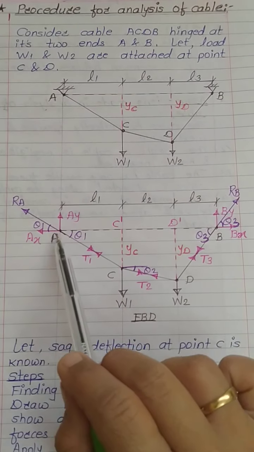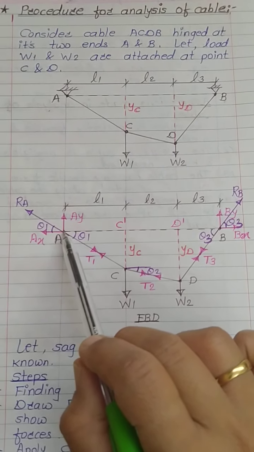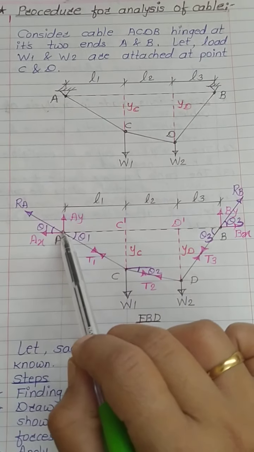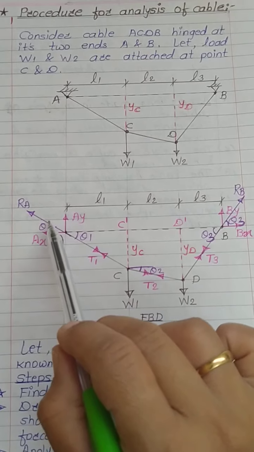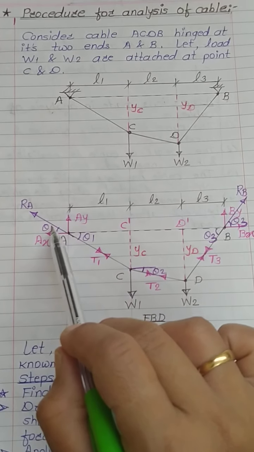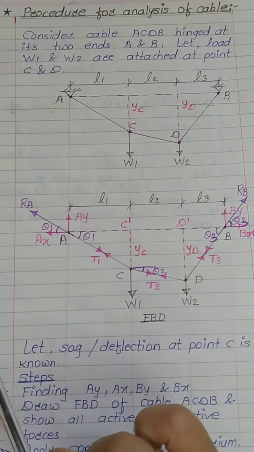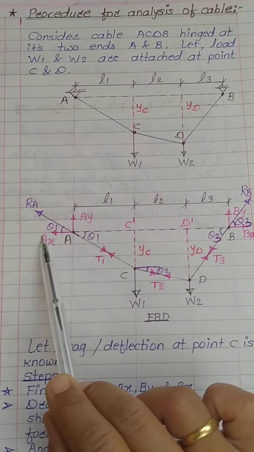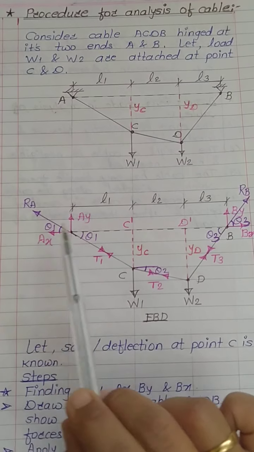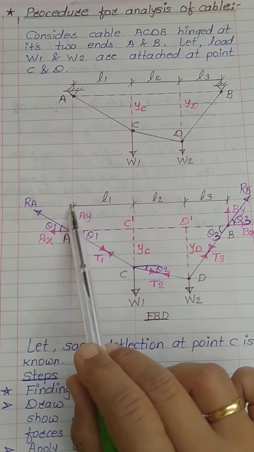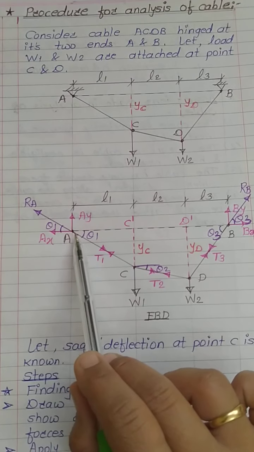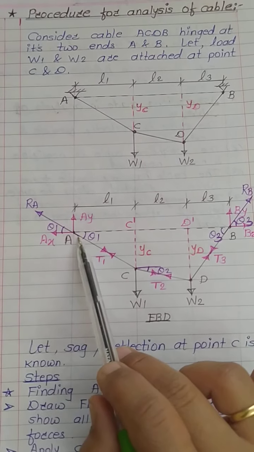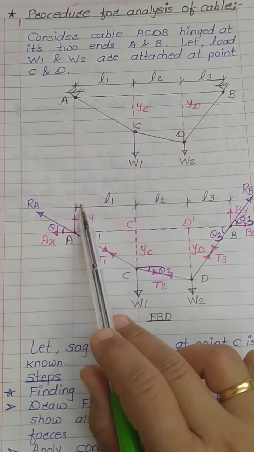Whatever is the line AC, you have to extend the same line from point A into the opposite quadrant. Now if you observe, this force has come in the second quadrant, and we know in the second quadrant its x component always acts towards the left and its y component acts vertically upward. Hence AX will act leftward and AY will act vertically upward.